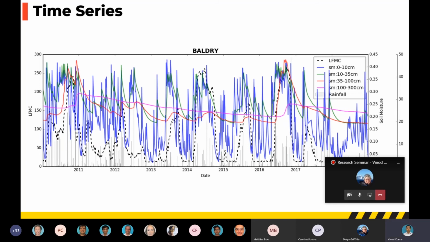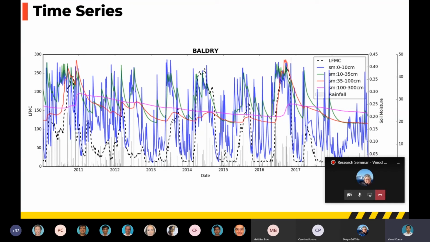So we did a correlation analysis of live fuel moisture content with these different layers and combinations of soil profiles, and what we found was that if you combine the first two layers, that gives you a soil profile of 35 centimeter depth, and 0 to 35 centimeters gives you the highest correlation.